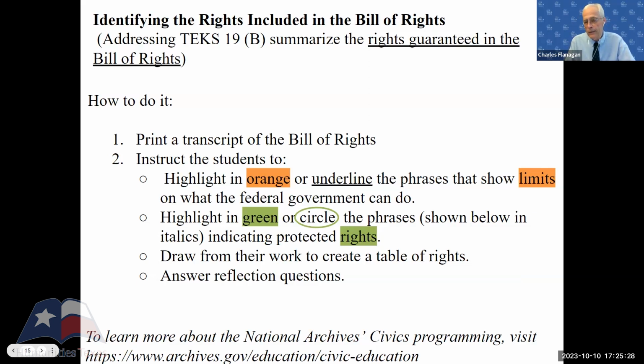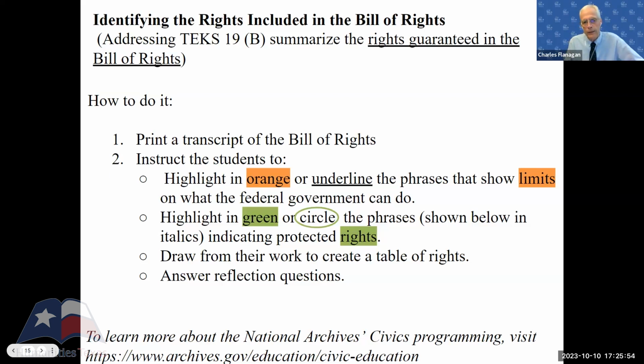But the actual text of the Bill of Rights is the next step, because, okay, now that you've been theoretical, you have to say, but how does that relate to this charter that we're supposed to understand? So, a simple activity: we print a transcript of the Bill of Rights and we instruct the kids to work again in small teams, pairs or three kids, because the whole point is for them to be social, because kids learn when they are social, as you know.